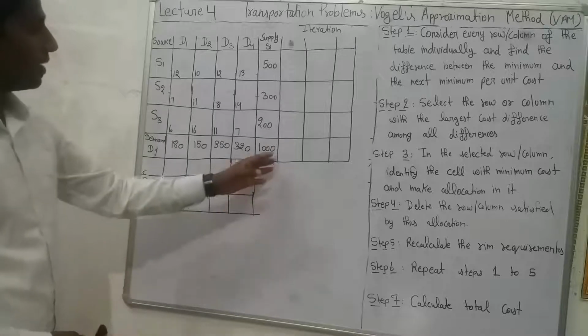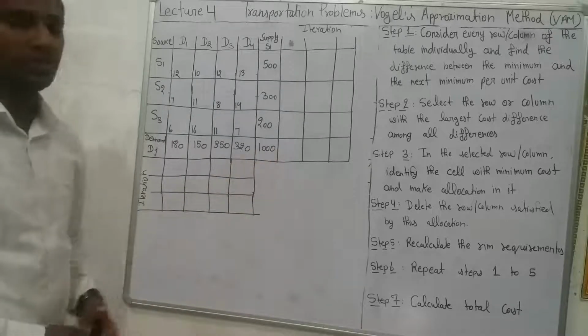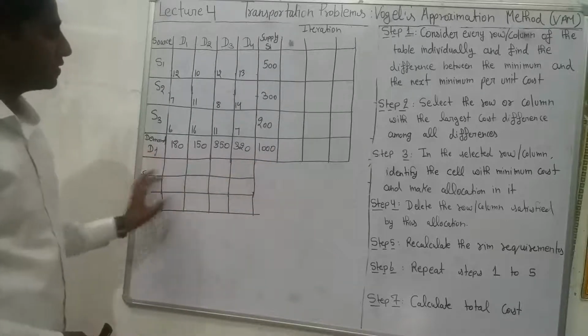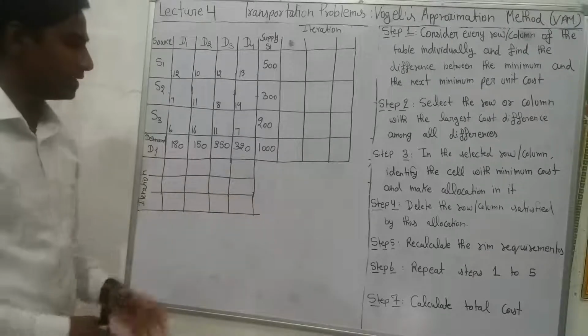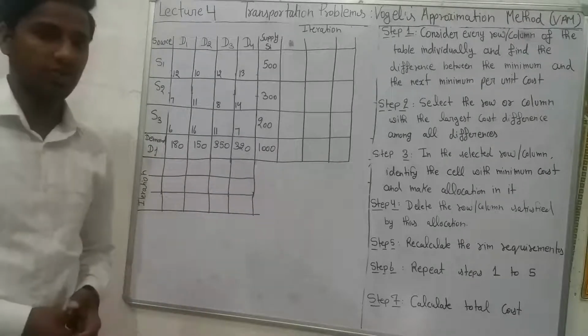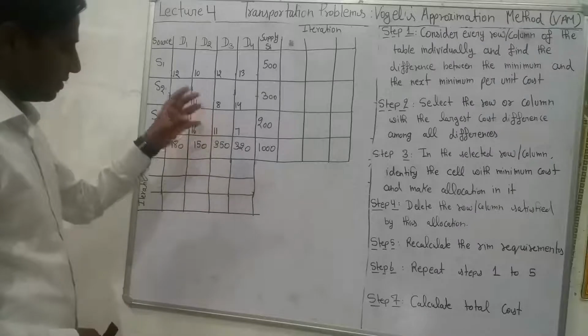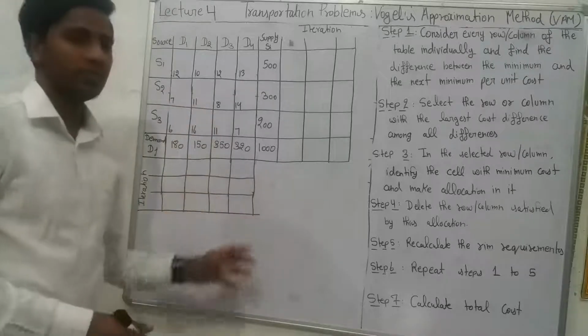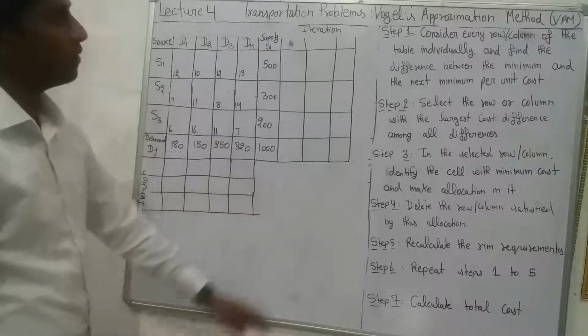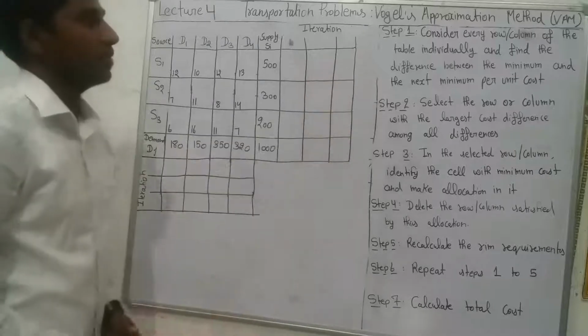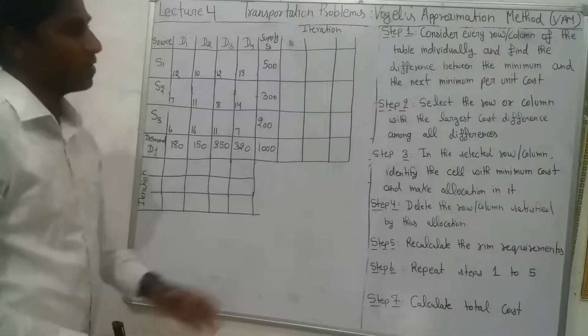The total supply available is 1000 units and total demand is also equal to 1000 units. So it is a balanced transportation problem, and we are going to calculate the initial feasible solution with the help of Vogel's approximation method, or VAM.